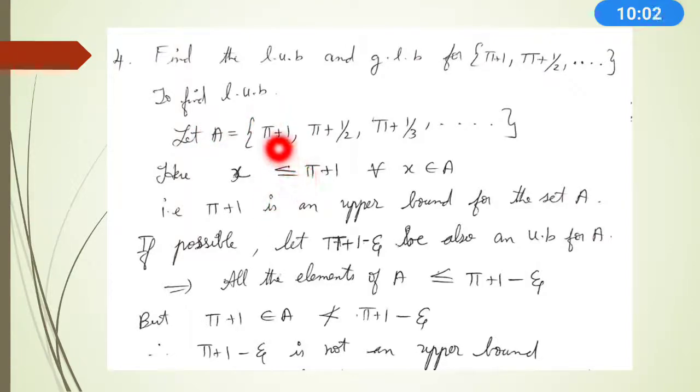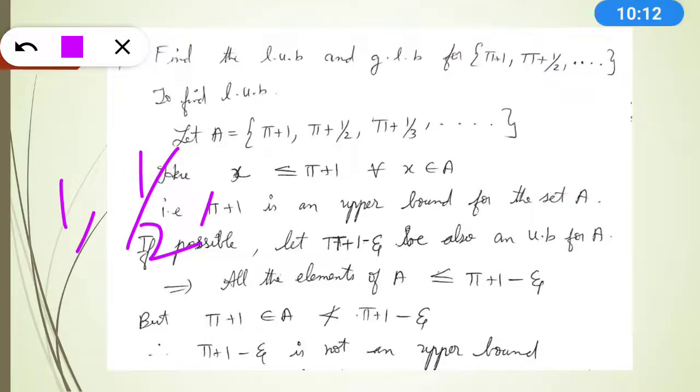My element pi plus 1 is the greatest element, isn't it? Because it is reducing. 1 by 2 means 0.5, 1 by 3 means what? 0.3333. The numbers are getting reduced. Pi plus 1, pi plus 1 by 2, pi plus 1 by 3, it is decreasing order.